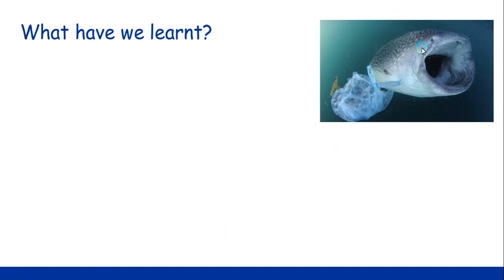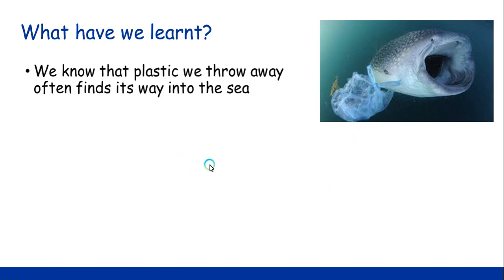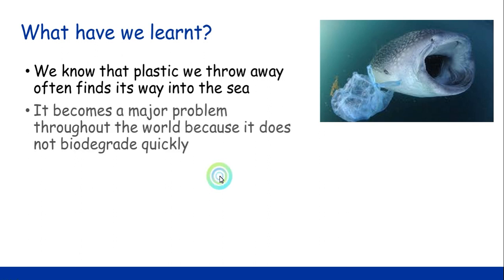Now, what are the things that we have learned? You can see this fish. You can see there is a plastic tangled around it. What do you think will happen to this fish if it doesn't get help to remove this? It's going to kill the animal. So we know the plastic we throw away often finds its way into the sea.